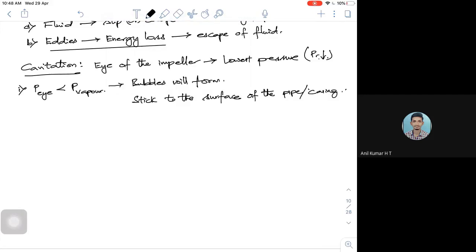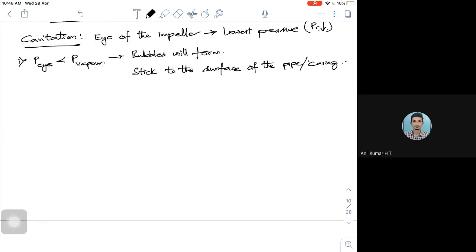Now what will happen? Once these bubbles are stuck there, there is a flow of fluid. The flow of fluid will strike these small bubbles, and they collapse.